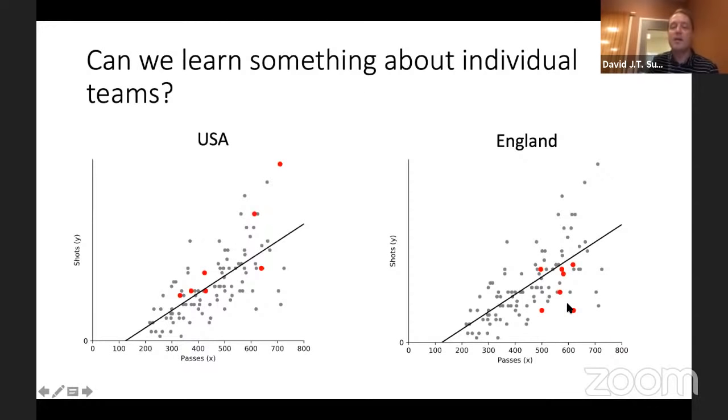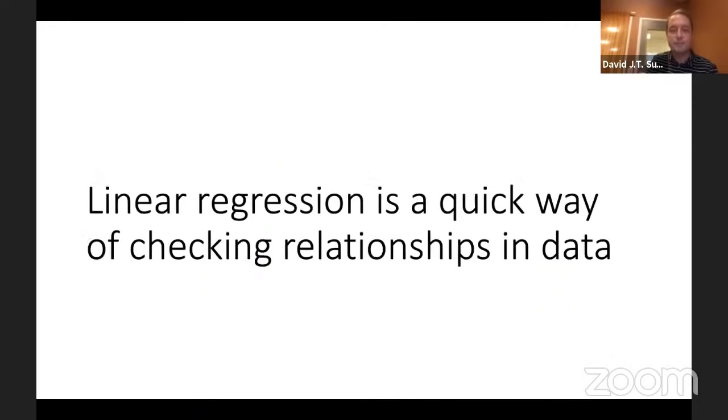So you can say they're underperforming in this particular chart. Given that they're playing possession style football with lots of passes, they're having fewer shots than we would expect them to have. And I think that's an interesting point about England, and something which we're going to raise later when we're trying to analyze how they've been performing.